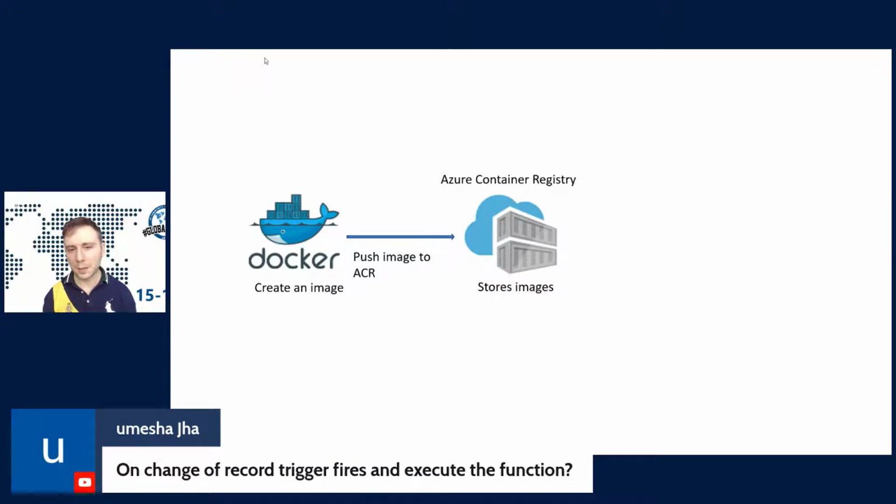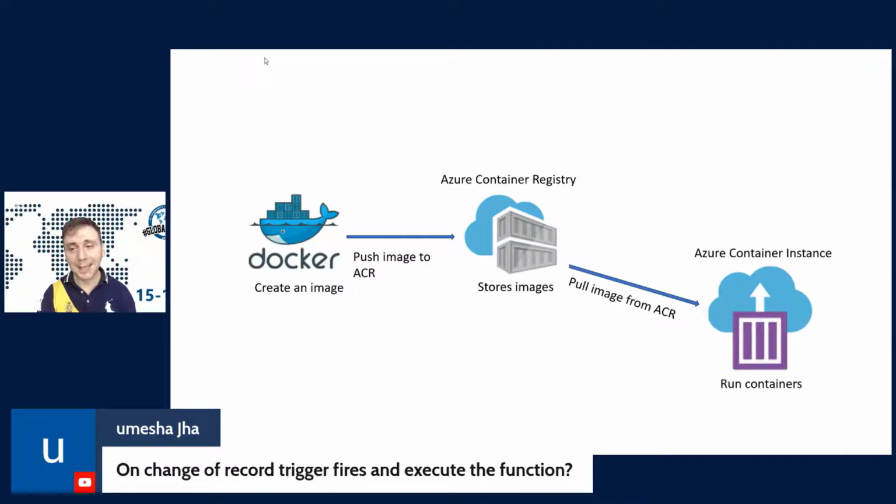So this image will be stored in the cloud. The container registry is my private storage for images. After I have my image in the container registry, I can deploy a container from that image.